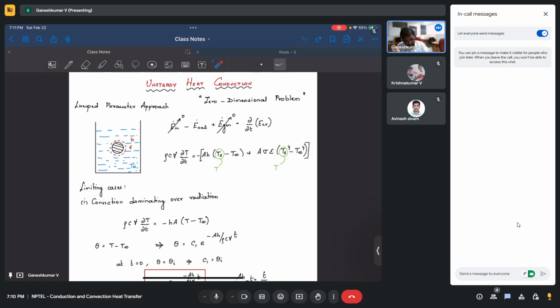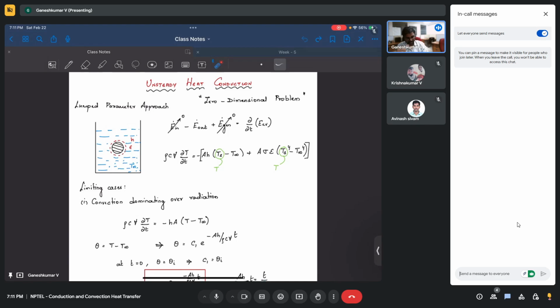Okay, and this is basically you have a heated ball, or you want to cool down a ball, or a sphere, in a quiescent medium, where air can flow around it, and you will have some heat transfer coefficient. Also, since this sphere can have very high temperature, you can also have radiative heat transfer.